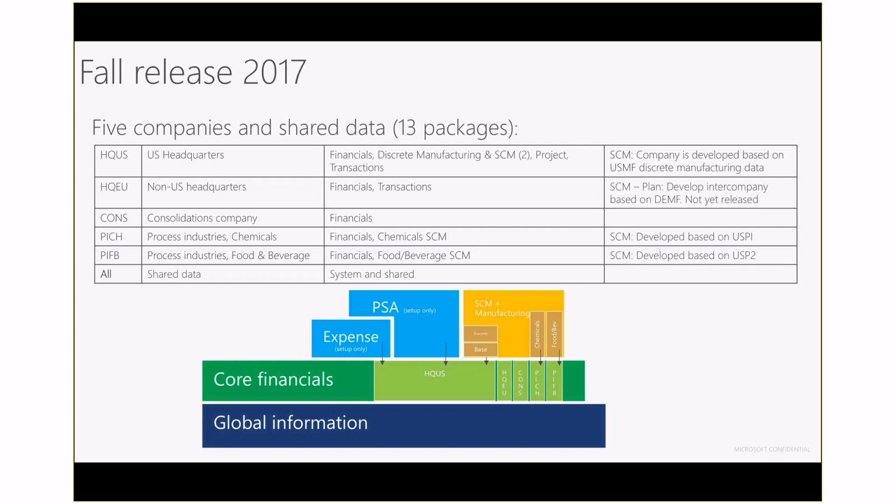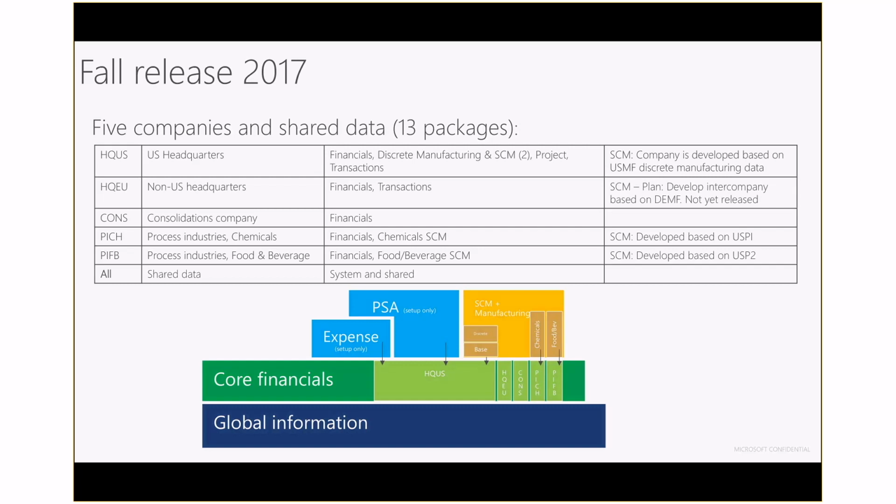The financials are there, and they're not as beefed up as HQUS, but they're there. The main reason we put it in was so we could have intercompany scenarios. You can set up intercompany between the companies. We have some basic GL intercompany set up right now, and the supply chain team is working on increasing the intercompany to cover their area, but we haven't released it yet.